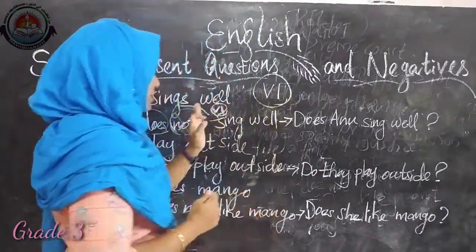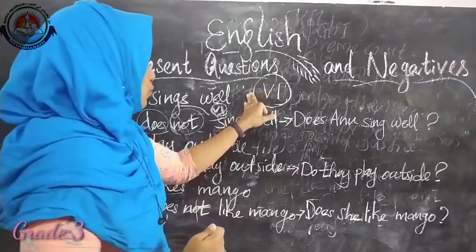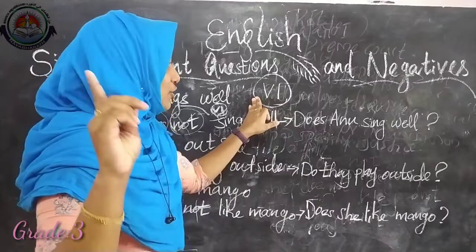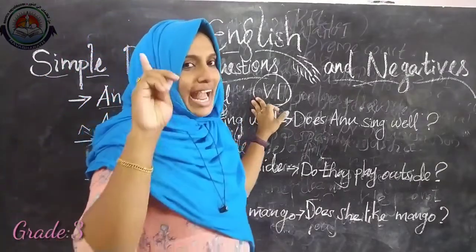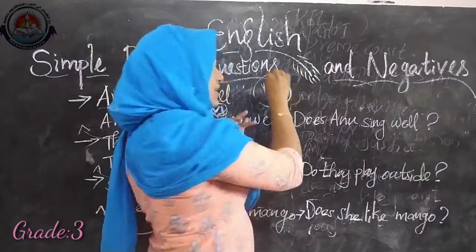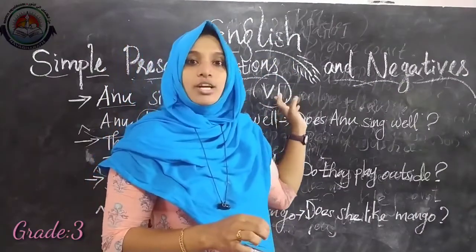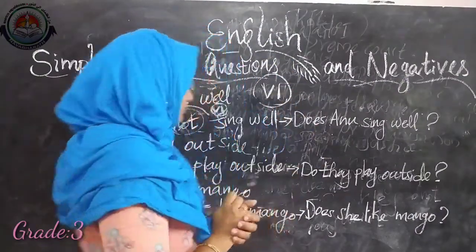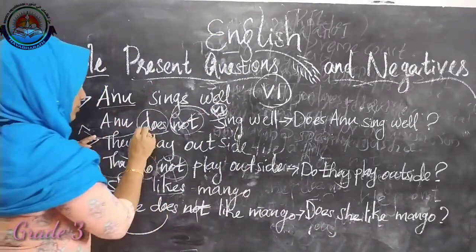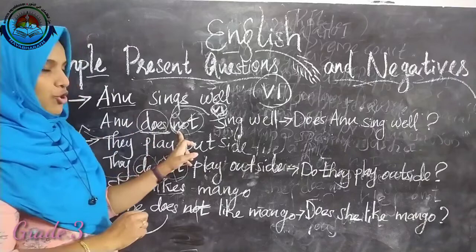So in a negative sentence, we will always use this V1. We will always use do not and does not along with the root form of the verb. So we have Anu. Is it singular? For singular, we will use does not.